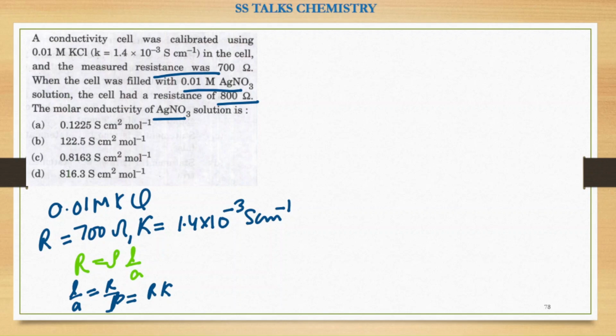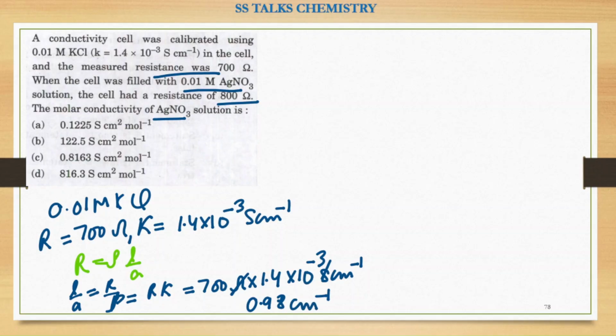So the resistance value is 700 ohms and the kappa value is 1.4 into 10 raised to the power of minus 3 Siemens per centimeter. So this and this will get cancelled out. The cell constant value we will be getting as 0.98 centimeter inverse. This is the cell constant.